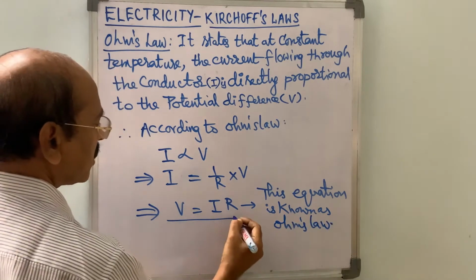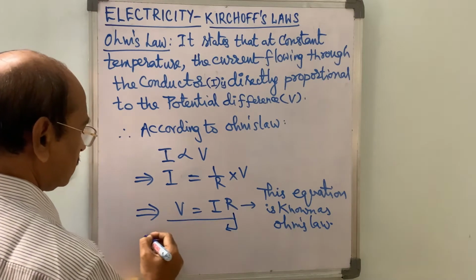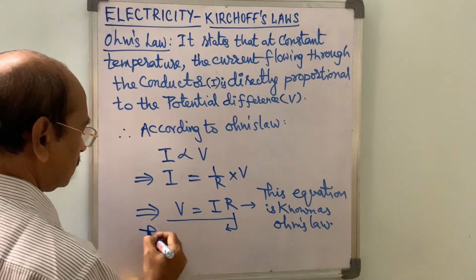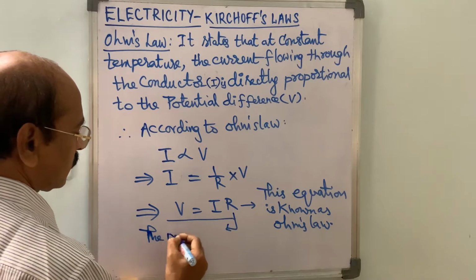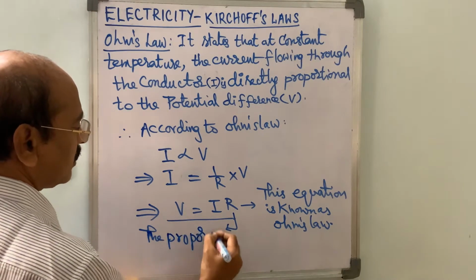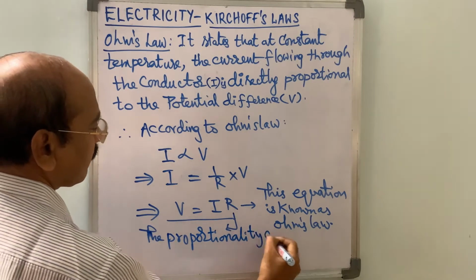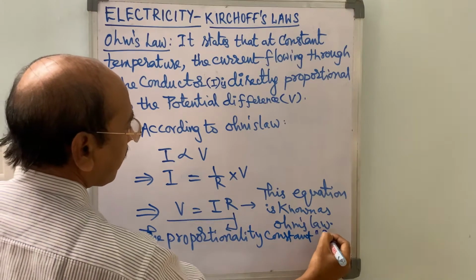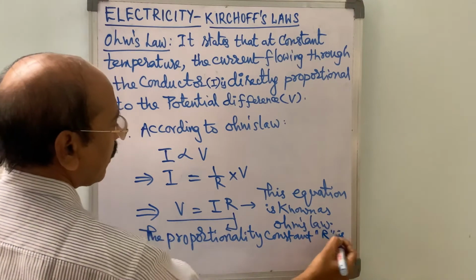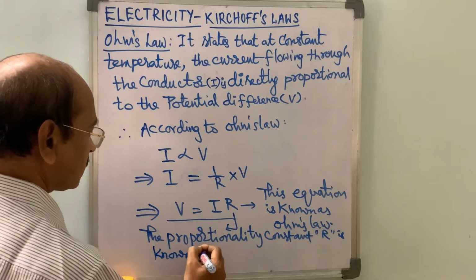Here the proportionality constant R is known as electric resistance.